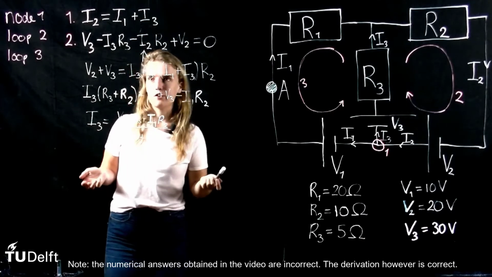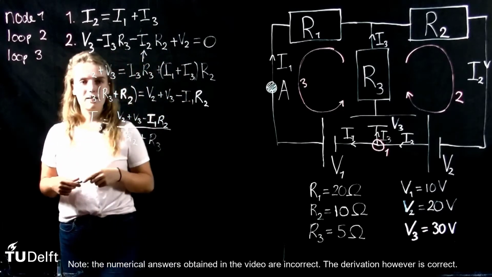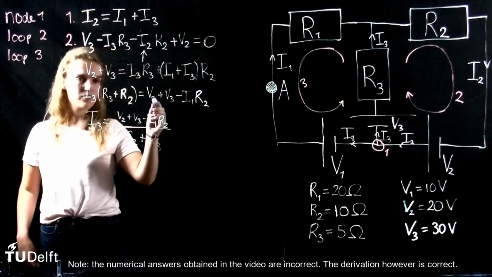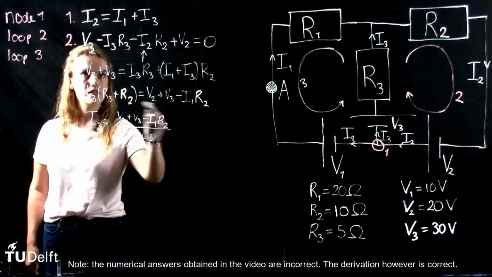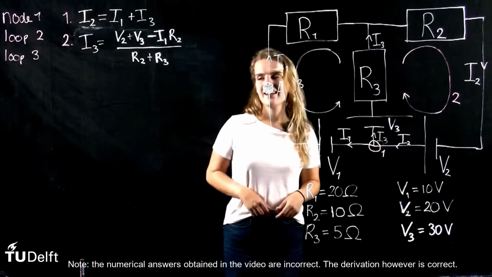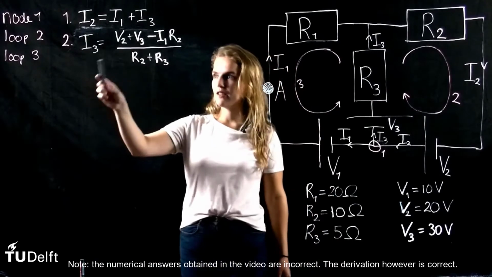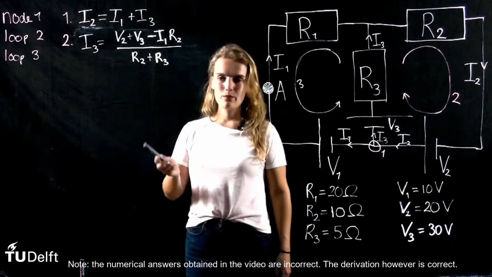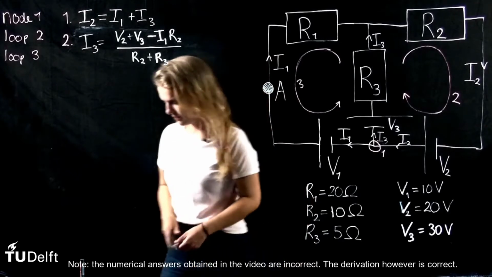Yeah, so now we have the first two equations. Let me give myself some space to erase this, and then we only leave these two in here. So here I wrote down our equation for I3. And now we can move on to loop number 3.